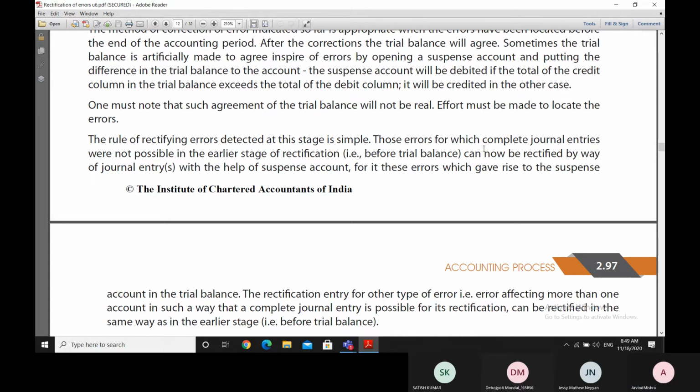So the rule for rectifying errors which are detected at this stage, after the trial balance has been prepared, is simple: those errors for which complete journal entries were not possible in the earlier stage of rectification. As we have seen earlier, before the trial balance is prepared, if complete journal entries were not possible for rectification of those errors, they can now be rectified by way of a journal entry with the help of the suspense account.